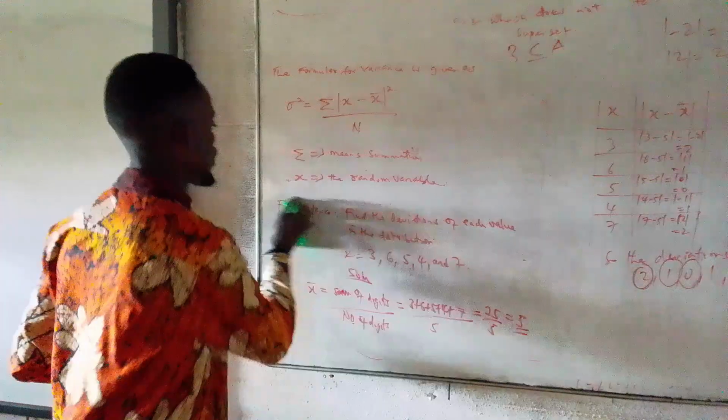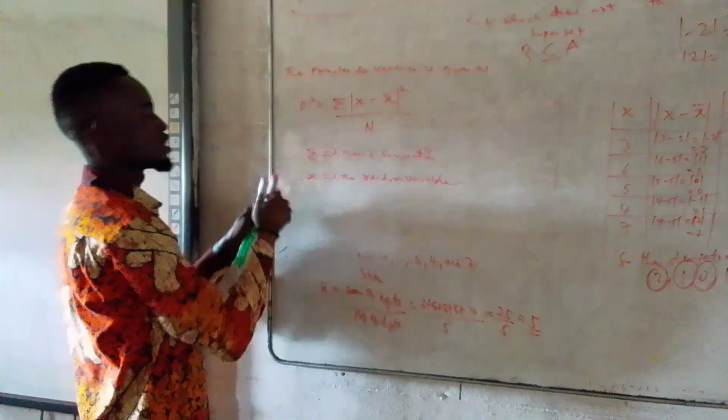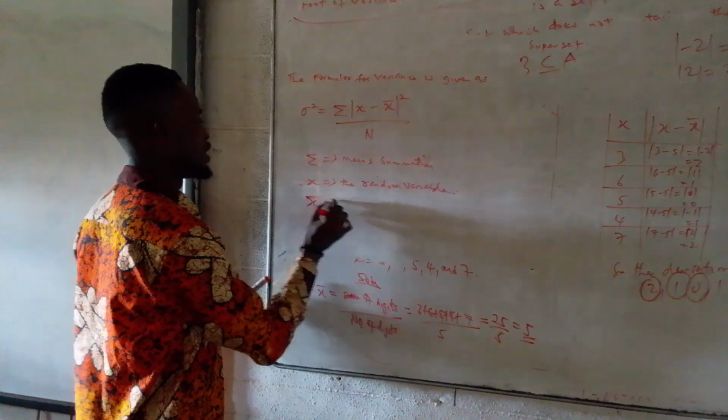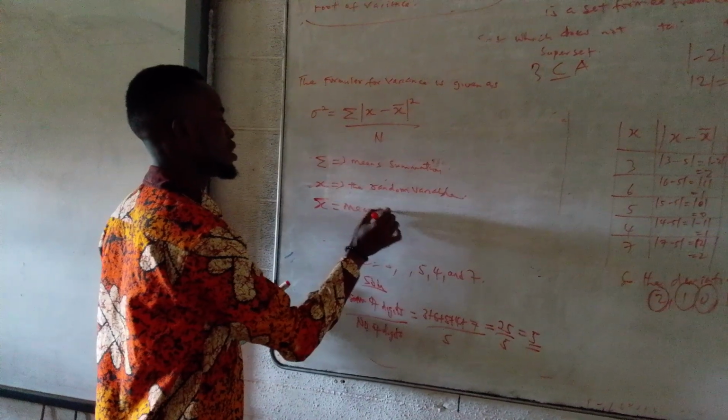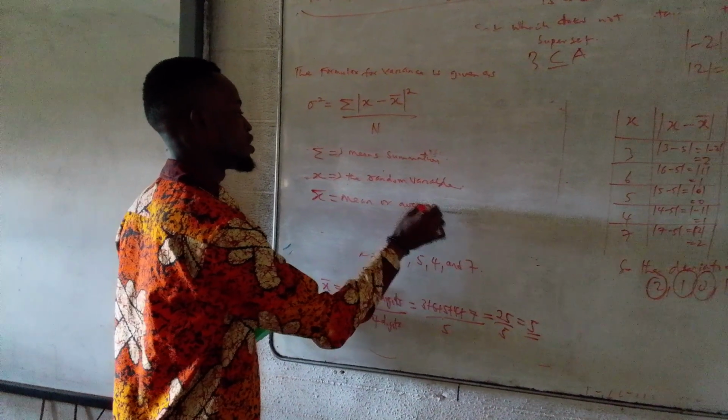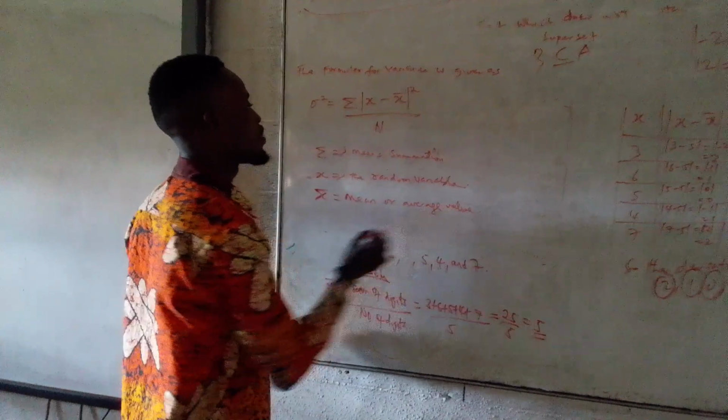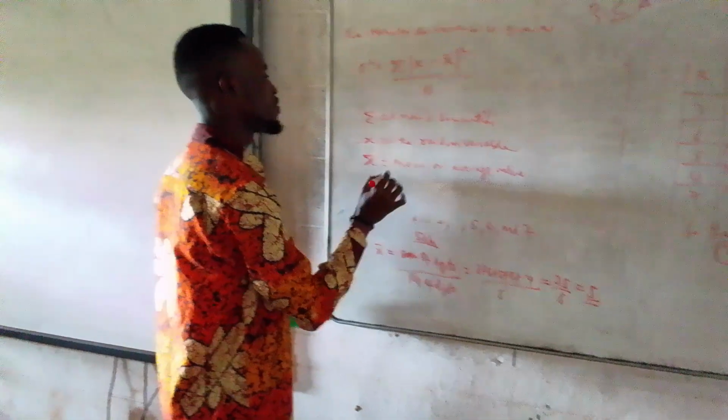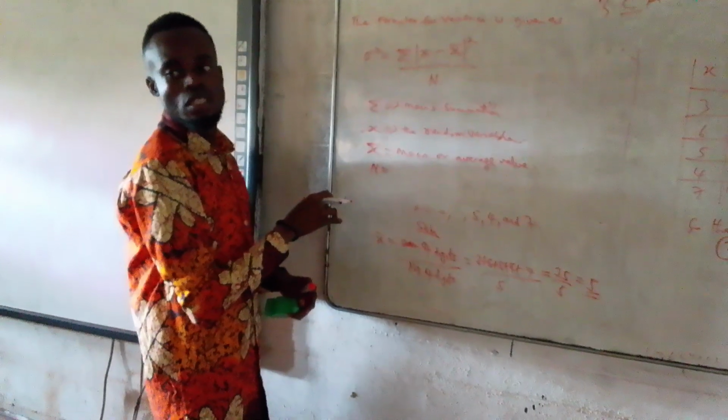So we call it a random variable. Then our x bar is the mean or average value. Then n, I've defined everything we have in the formula.